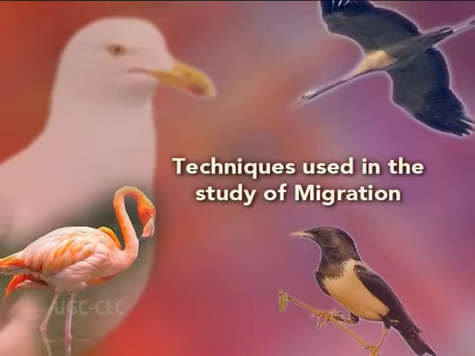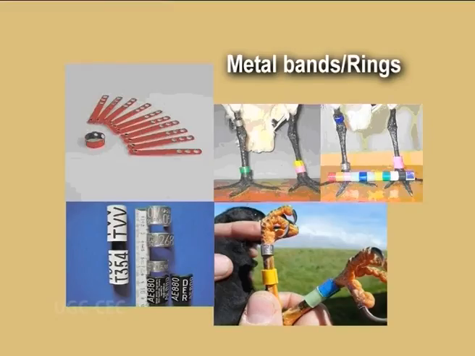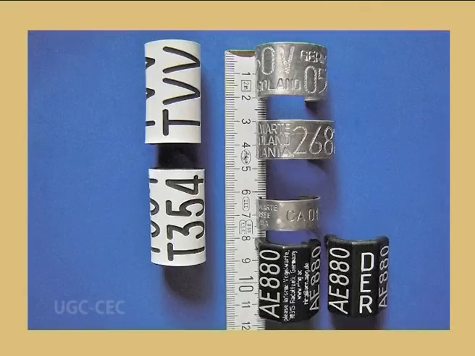If we look at the different techniques which are used for studying bird migration, then the earliest one and the most commonly used is the use of metal bands or rings. Metal bands or rings are put on the tarsus of the bird and these birds are released.